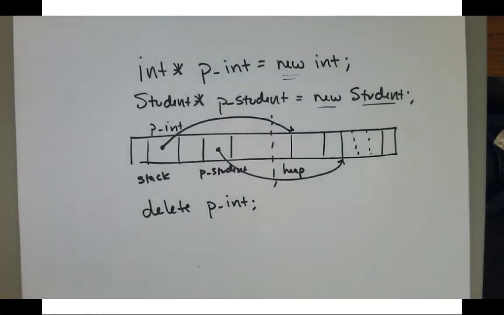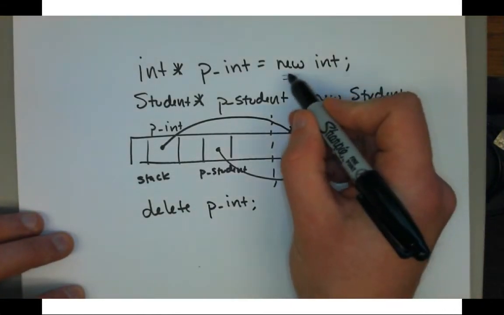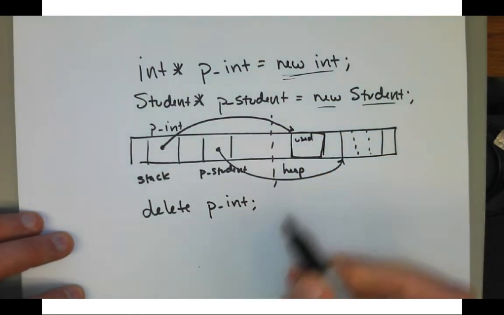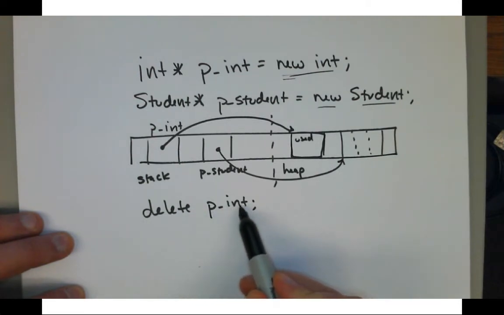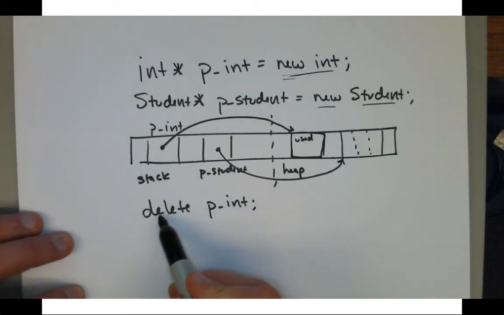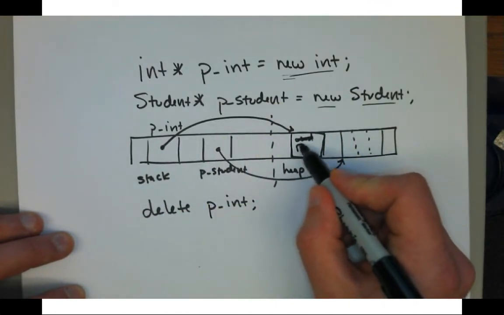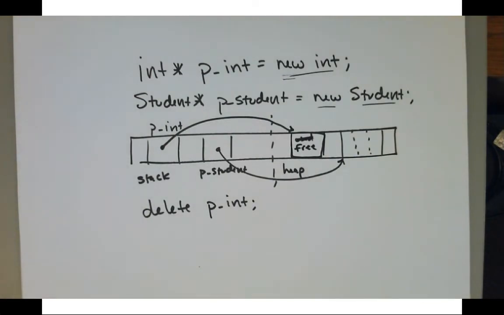Okay, and what will happen here is we'll give up the memory associated with this data. So as soon as I said I wanted a new int here, it marked this as being used. Right? It's being used by this pointer here. Once I delete the pointer pint, this says delete the thing that pint points to, this chunk of memory is now marked as free and can be used for other dynamic allocations.